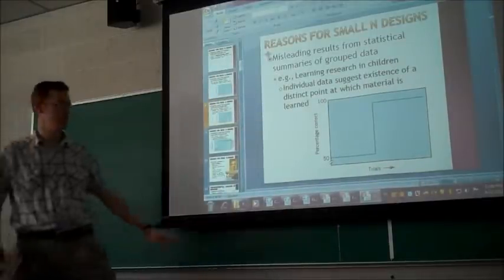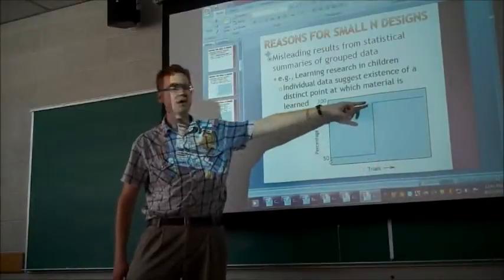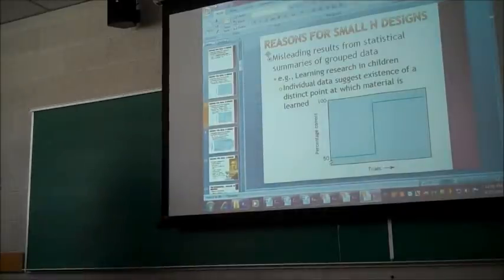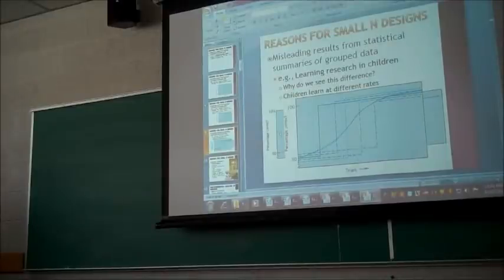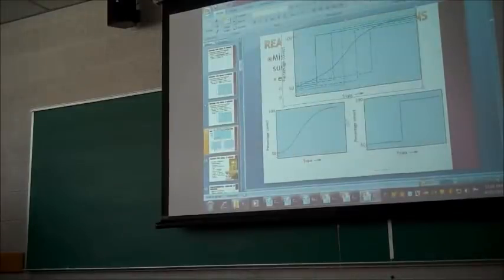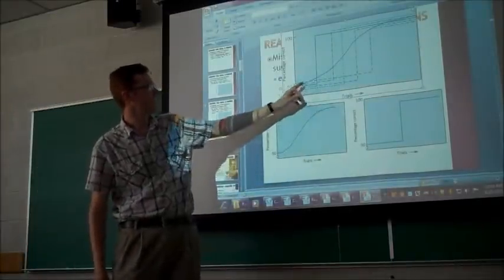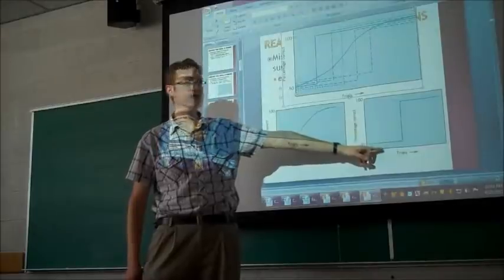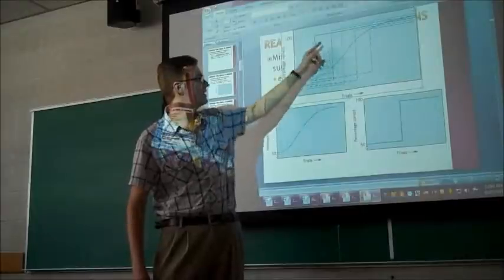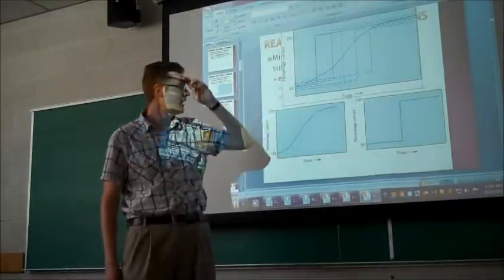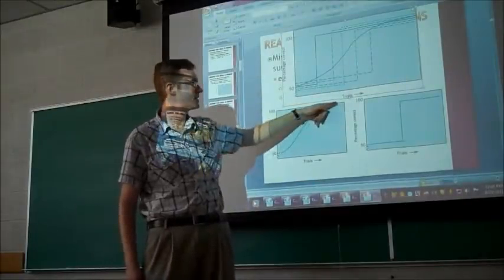It looks like there is some distinct point at which they go from not understanding to understanding pretty well. The reason you see that difference is that with the group study, you're looking at the average of a number of different individuals, and people learn at different rates. Some people learn quickly, some people learn slowly. So when you plot the line that is that average, it looks like this.